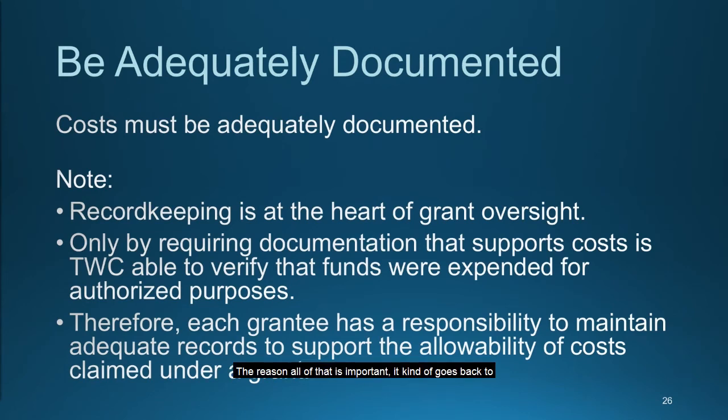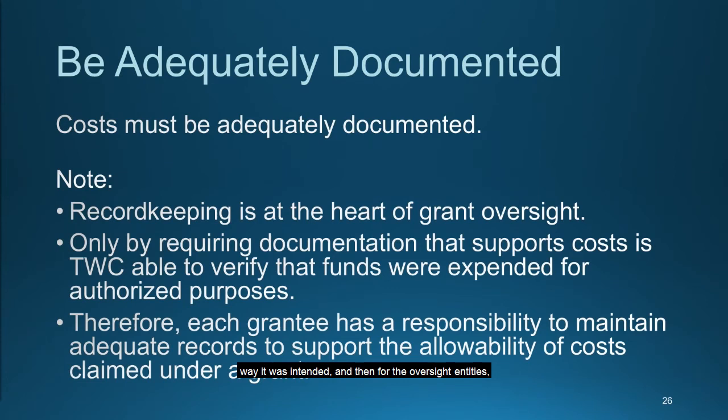The reason all of that is important goes back to that oversight role. As entities that receive grant funds, there's a responsibility to comply with all the grant requirements, and the burden of proof is on the entity expending the funds to show they were expended the way they were intended.